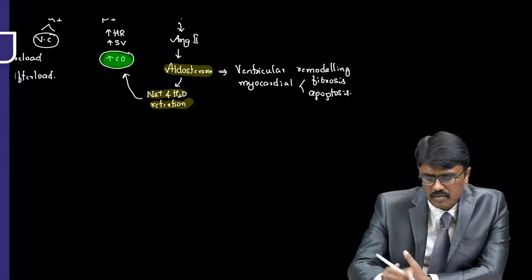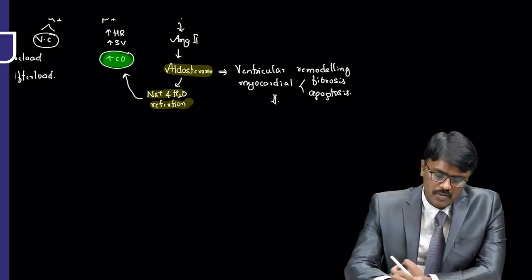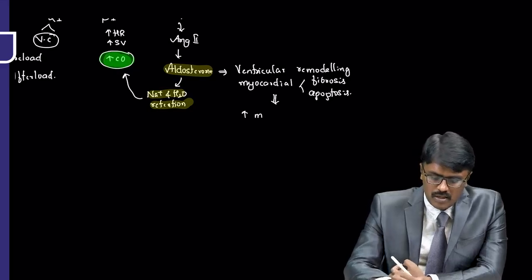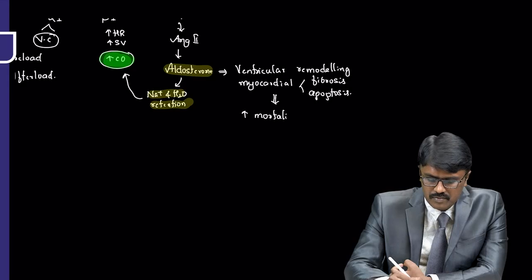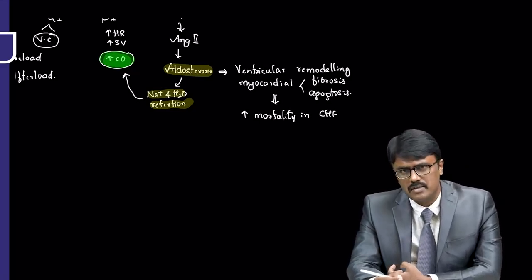So what happens when you do that? Aldosterone increases the mortality in patients with CHF, because once the heart changes shape, it will go for permanent failure and the death rate increases.